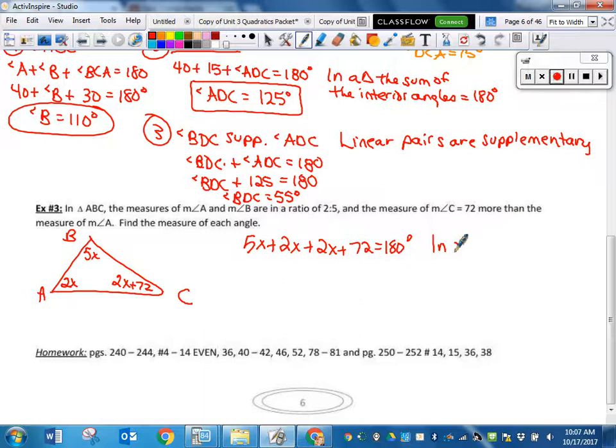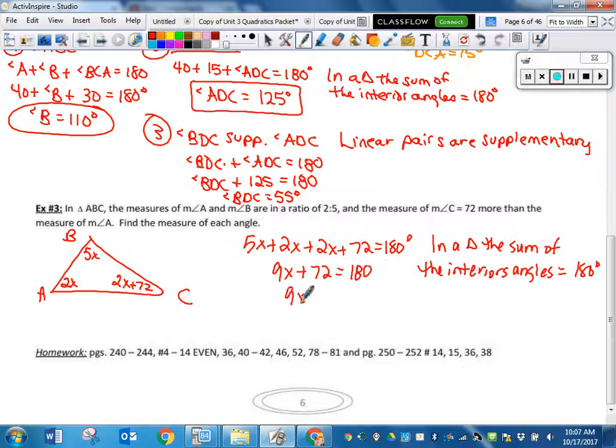Why? Because in a triangle, the sum of the interior angles equals 180 degrees. Now I'm with algebra. I got 9x plus 72 equals 180, which means 9x equals 108, which means x equals 12.